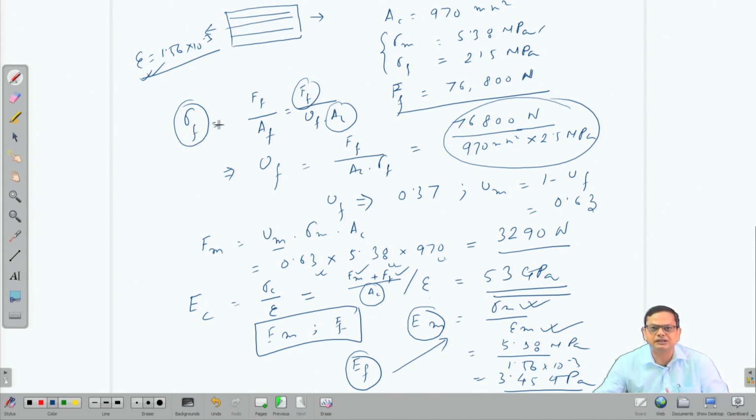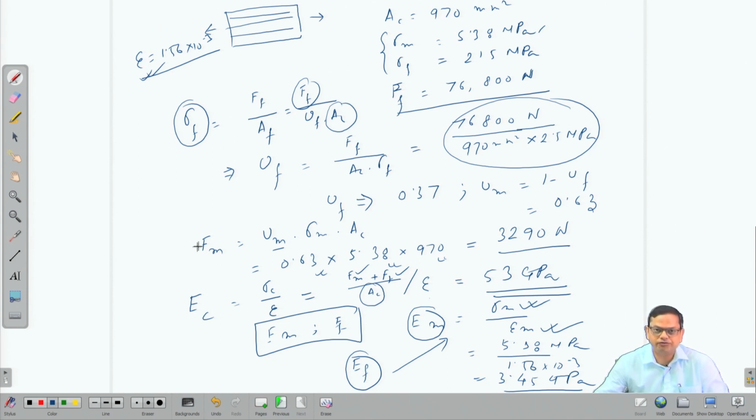Sigma is nothing but the load experienced by the fiber divided by the area of the fiber. So the area of the fiber is basically V f multiplied by A c. Ultimately, using this equation you can get the value of V f, and once you get the value of V f, obviously you can get V m. Once you get V f and V m, you have to find the value of F m, because F f is given.